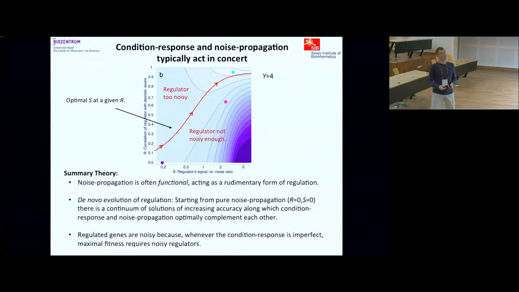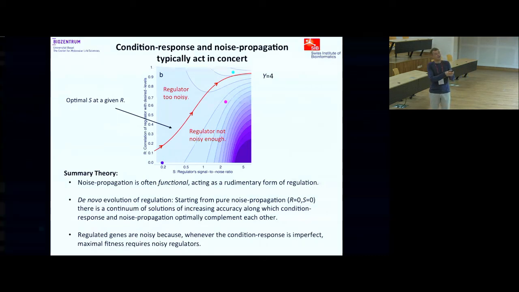So, the summary of this theory is that noise propagation is often functional. It helps you increase fitness, and you can almost think of it as a rudimentary form of regulation. If you don't know exactly how you want to be regulated, it already helps to be noisy.